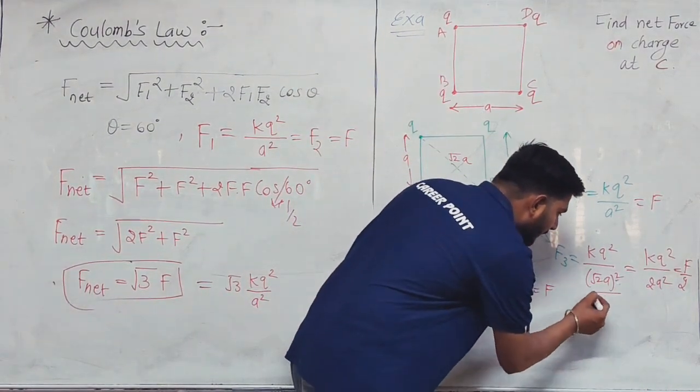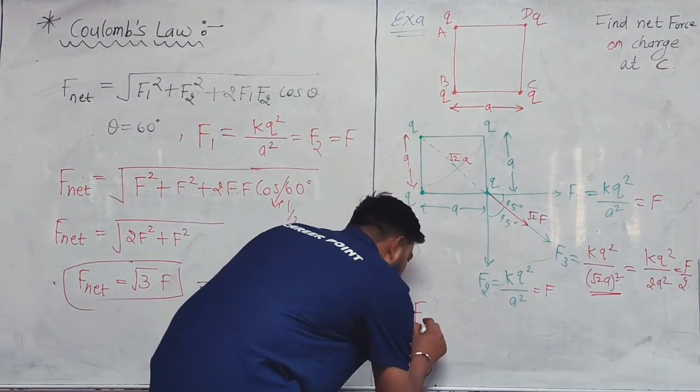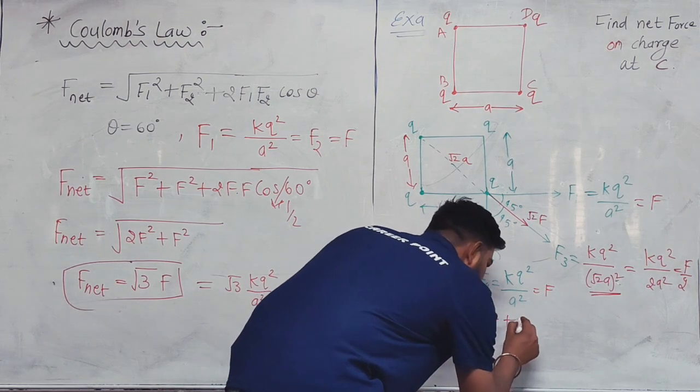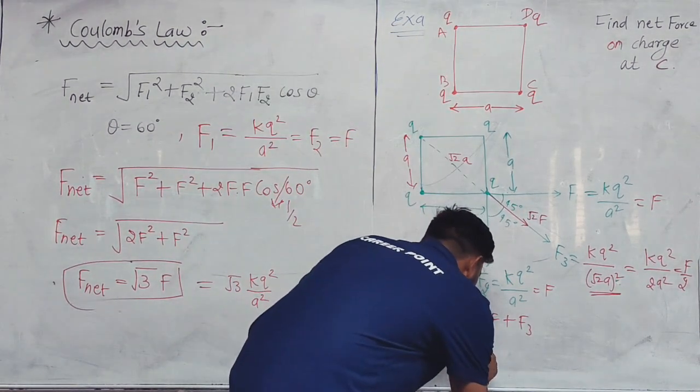And there will be a force also, which is F3. So F net will be root 2F plus F3. Correct?